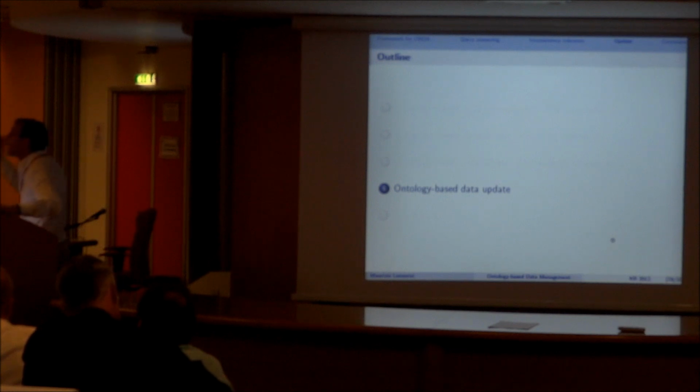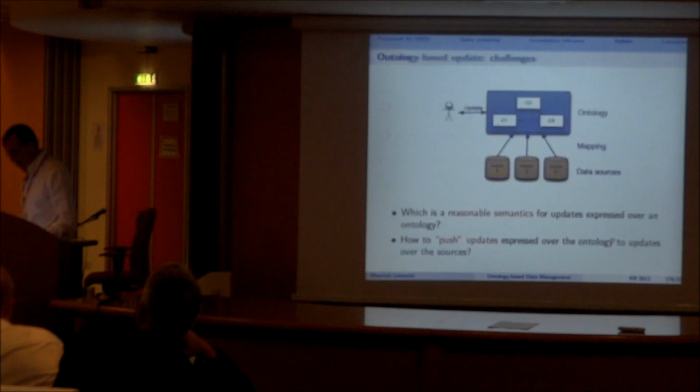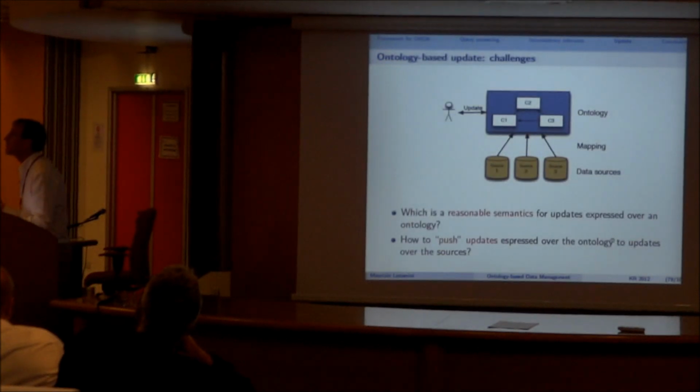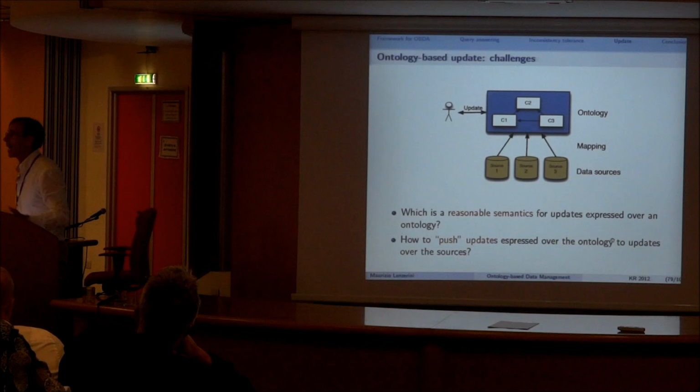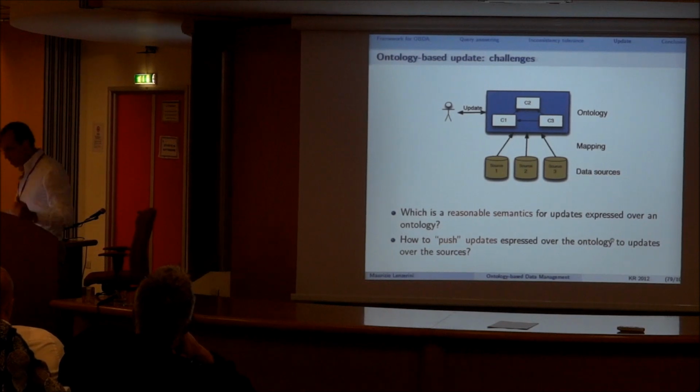So you also have the question of expressing updates over the ontology, with the additional problem of first understanding what the semantics of the update is. It's not completely clear. It's not just updating a database, it's updating a theory. So you have all the problems of belief revision and updates, with the additional problem of pushing the updates to the data sources.